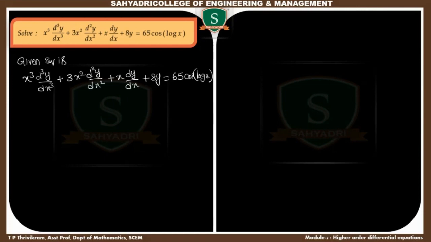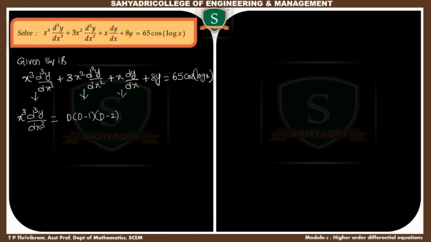Now here we have x cube d cube y by dx cube, x square d square y by dx square, and x dy by dx. So we have to replace all these notations like this. X cube d cube y by dx cube can be replaced with d into d minus 1 into d minus 2.